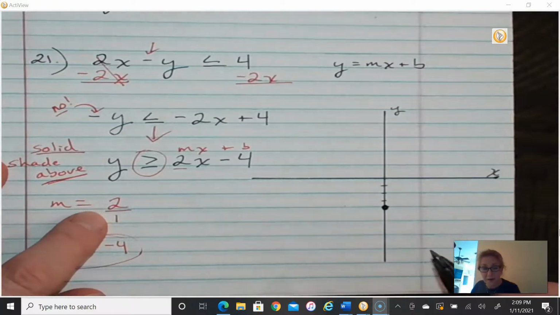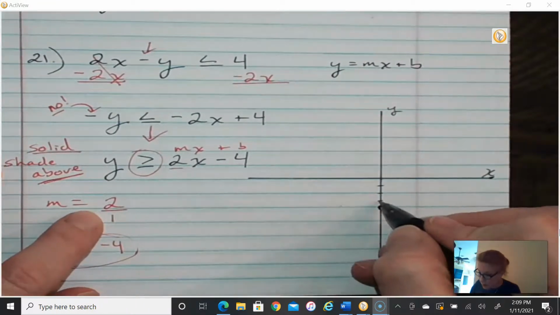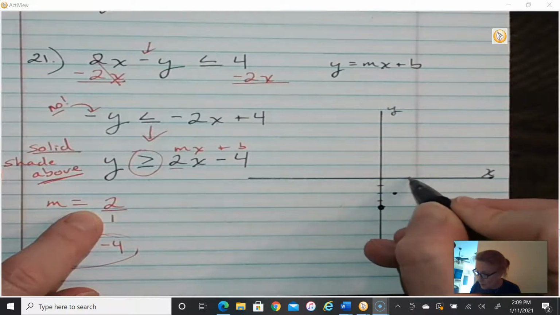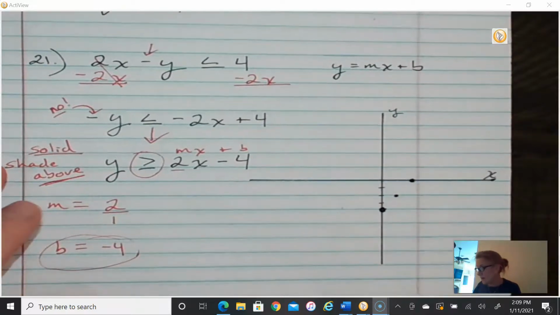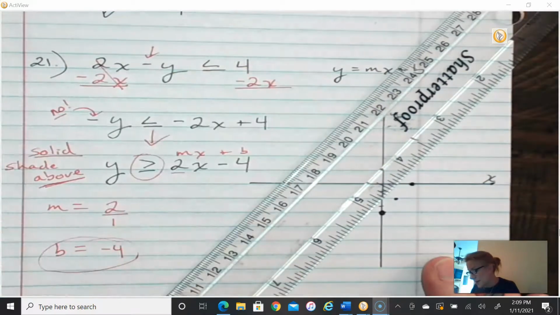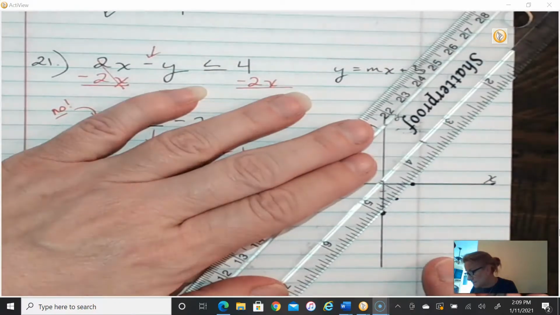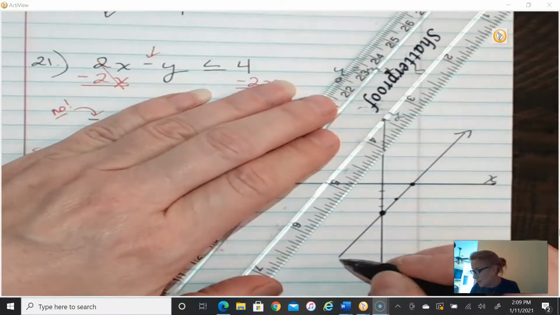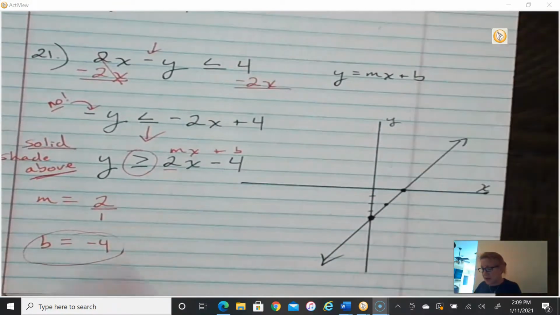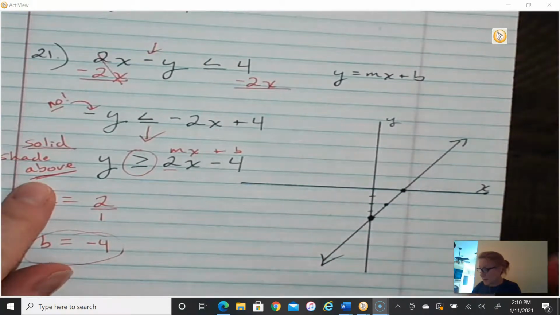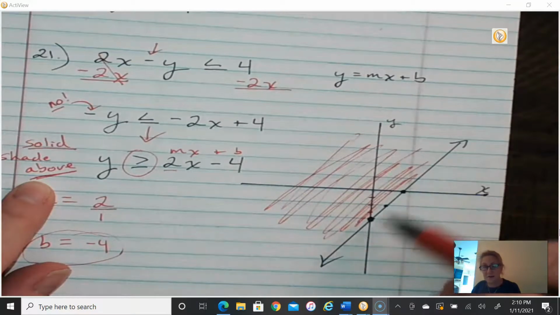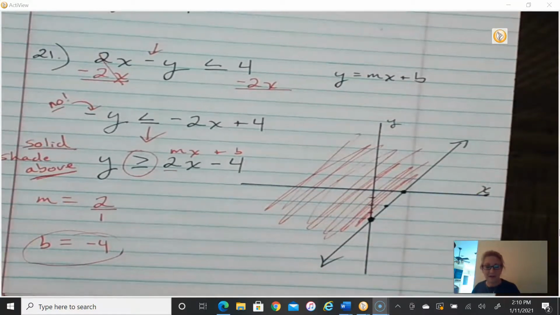Now I'm going to do my rise over run. 2 over 1. Now it's a solid line. Connect my little dots there. And we're shading above. And this is above that line. Any questions?